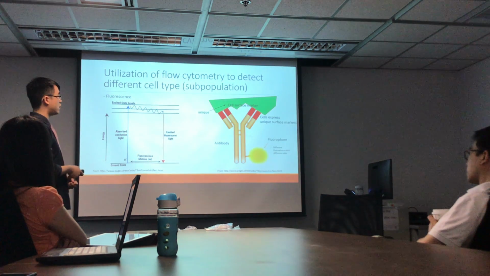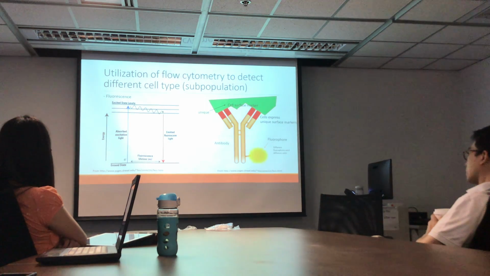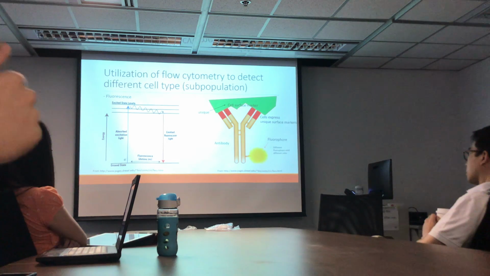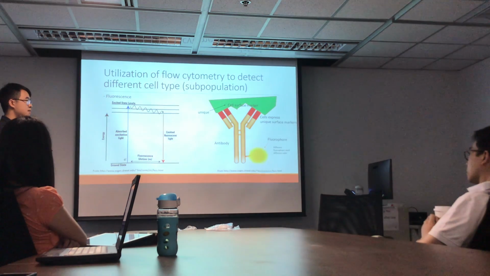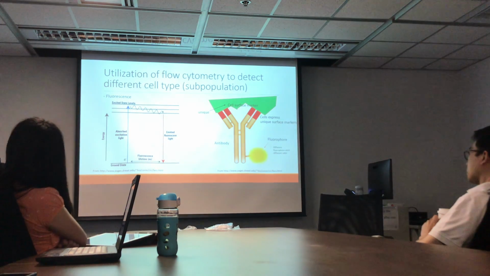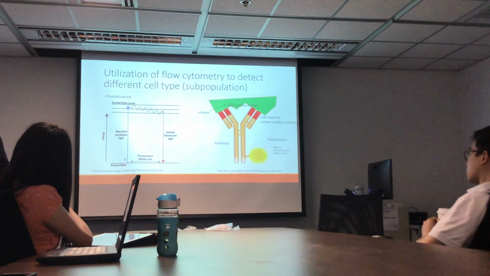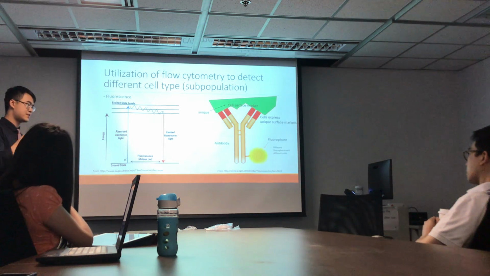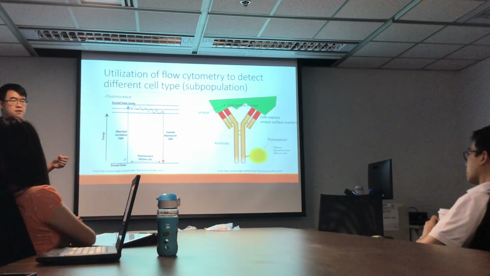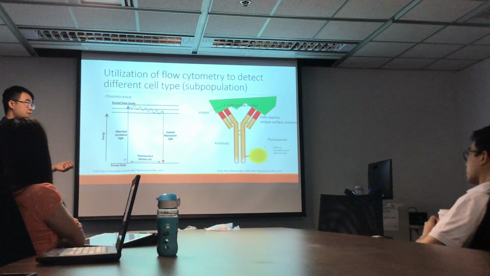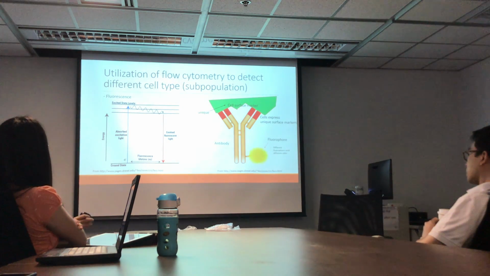So in order to distinguish between cells that are the same size but have different functions, we use antibodies, which recognize very specific cell surface markers. So even if these cells are the same in size and granularity, they still have markers expressed on the cell surface that are very different, which gives us an idea of which cell type it is.